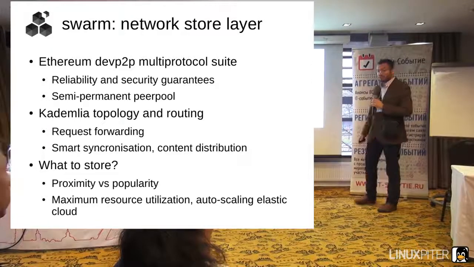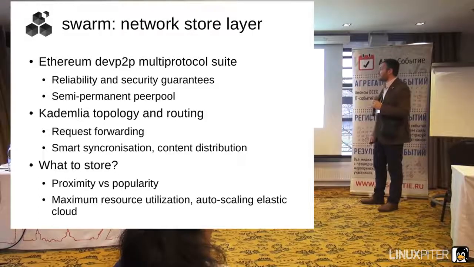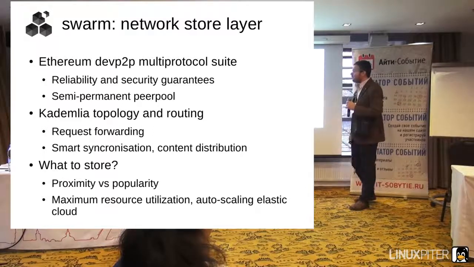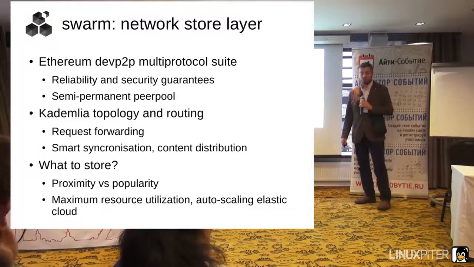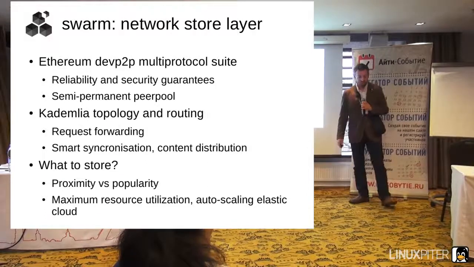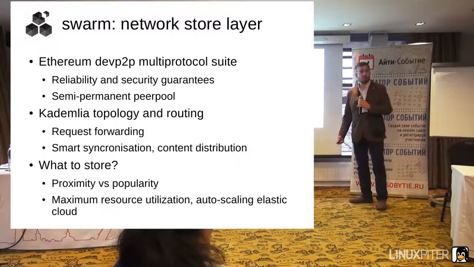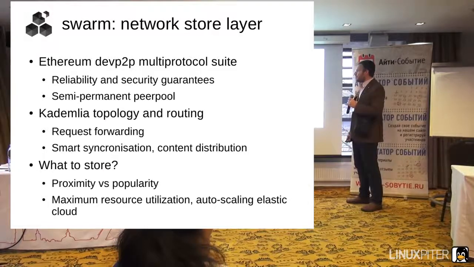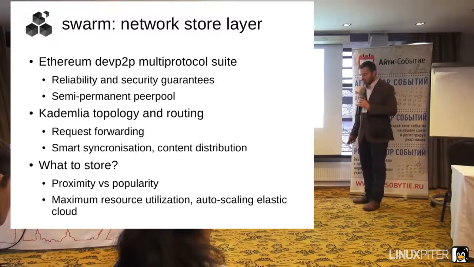This network storage layer, that was that cloud at the bottom of the previous slide, has the following properties. It is using Ethereum's peer-to-peer network communication layer, which comes with some security and network topology guarantees. So we get that for free, sort of. We haven't developed that. We're using Kademlia structure just like the DHT in BitTorrent.